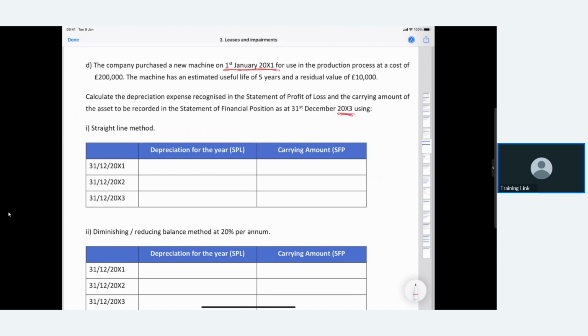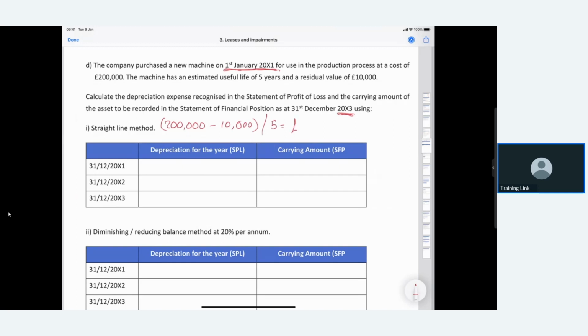So we first need to do it on the straight line method. The straight line method takes into account the residual value. So we need to do the cost, 200,000, minus the residual value of 10,000, divided by 5 years, because that's how long the estimated useful life is.